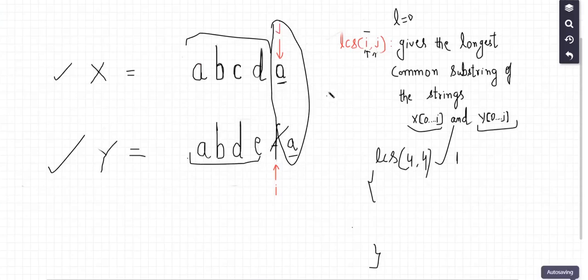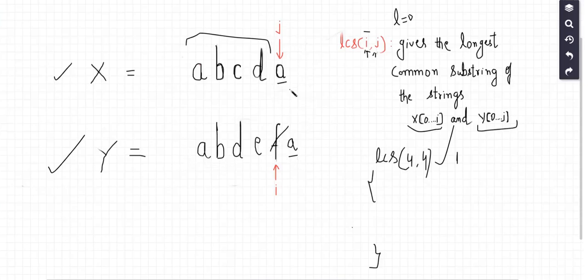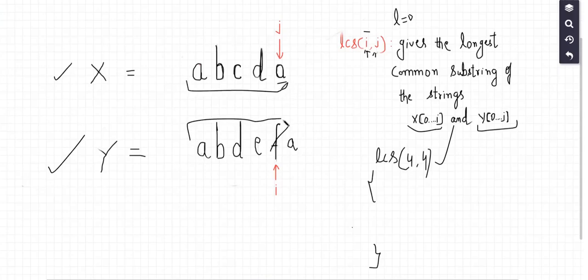Fine. So this is one of the cases where the last character is matching, but this is not the only case, because it may happen that the longest common substring may exist in this string and this string, okay, or on this string and this entire string.